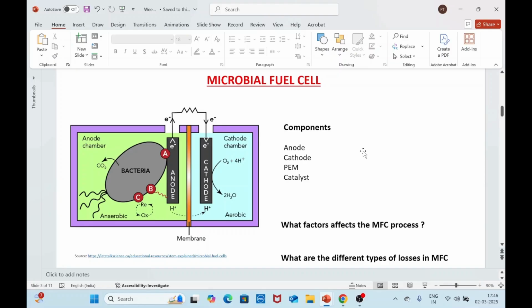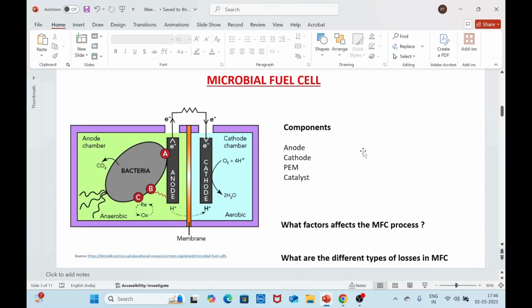In case of a normal fuel cell or a hydrogen fuel cell, you will have hydrogen gas on the anode side and oxygen gas supplied through the cathode side, and then the reaction happens. In case of the microbial fuel cell, the difference is that instead of supplying hydrogen gas directly into the fuel cell system, you are going to feed the anode chamber with bacteria and organic matter.